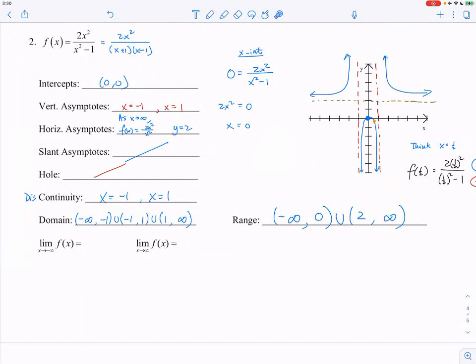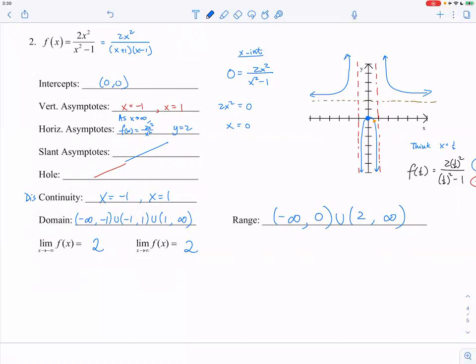All right. So as we go to the left, the y value becomes 2. And if you go to the right, the function value or the y value would become 2.